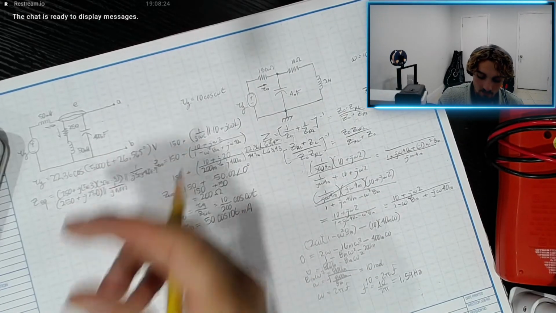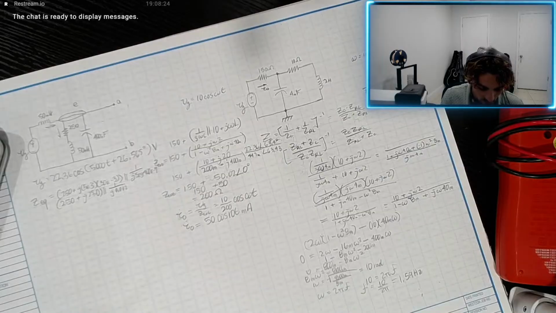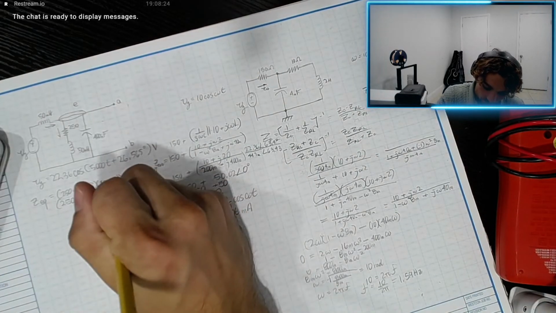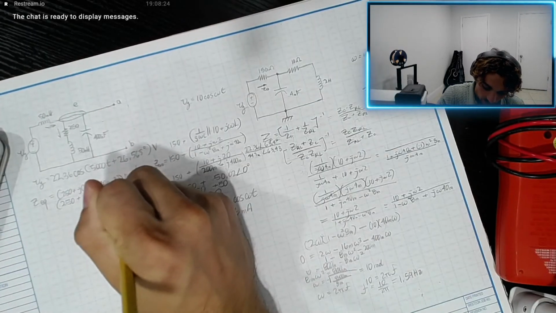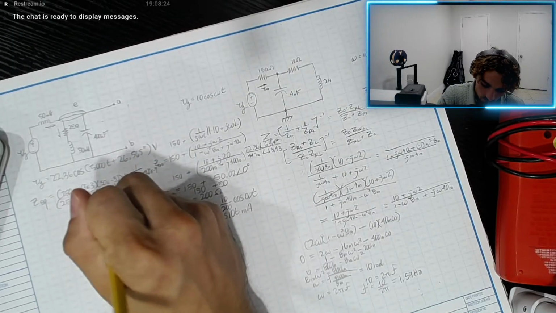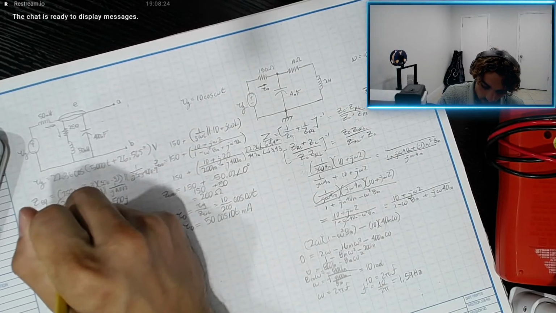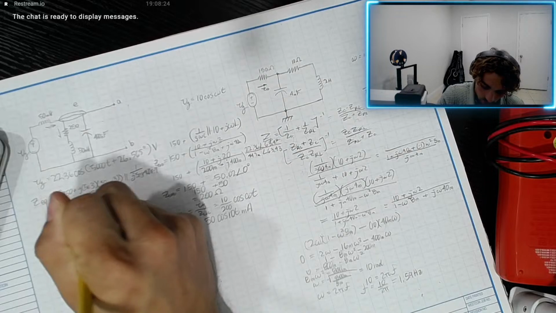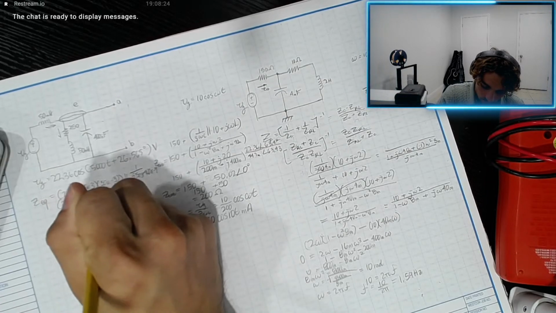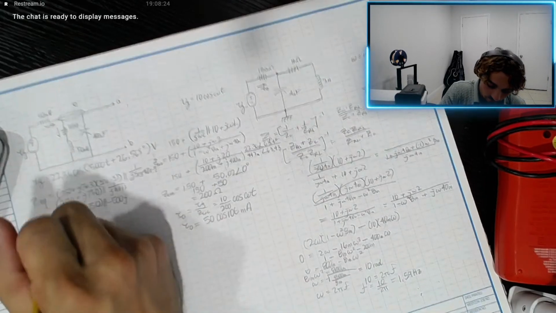We can make it negative and put the j in the numerator, and that would look like this: 500, negative 500j. There we go, just like that.